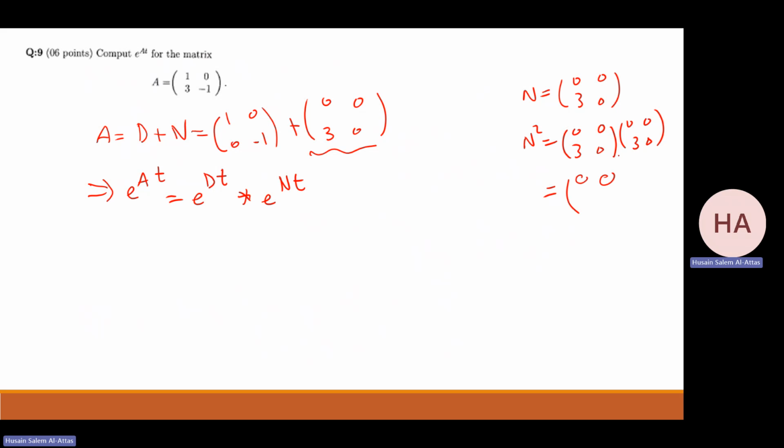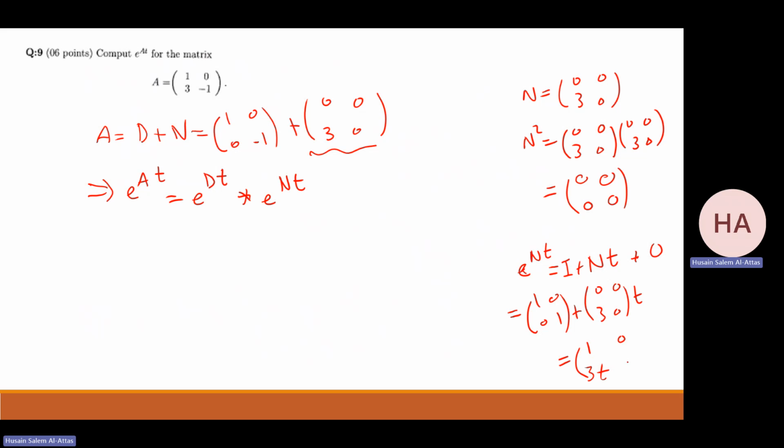So e to the power Nt will be I plus Nt plus 0. That will be [1, 0; 0, 1] plus [0, 0; 3, 0] times t, which is [1, 0; 3t, 1].